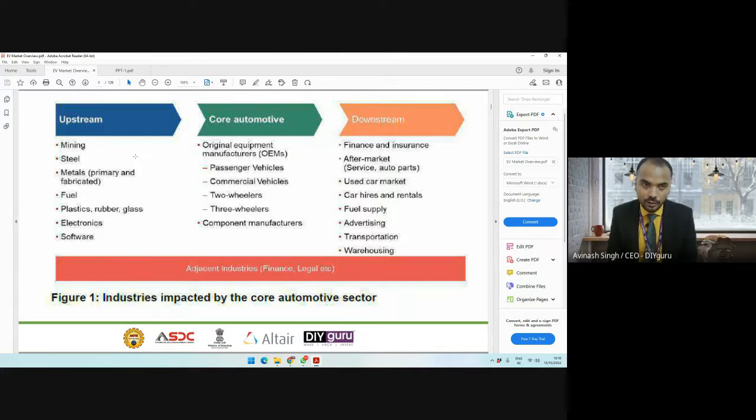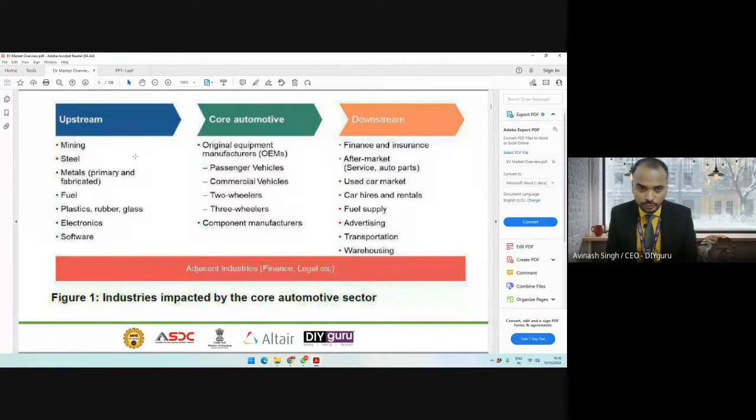These are all upstream industries because they come before the manufacturing of your vehicle, either when you are making a component or you are making the whole OEM, making a passenger vehicle, commercial vehicle, two-wheeler, three-wheeler, whatever you are making. But before that, these raw materials play a crucial role because they actually supply the material for manufacturing. So they come under the upstream industry.